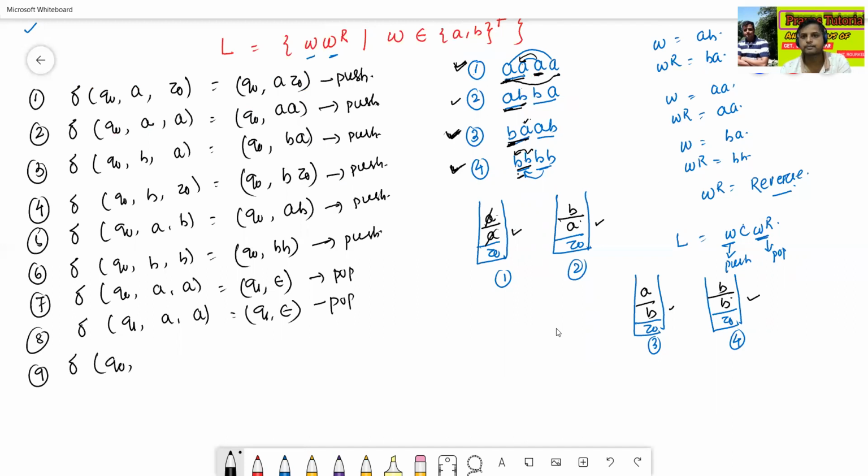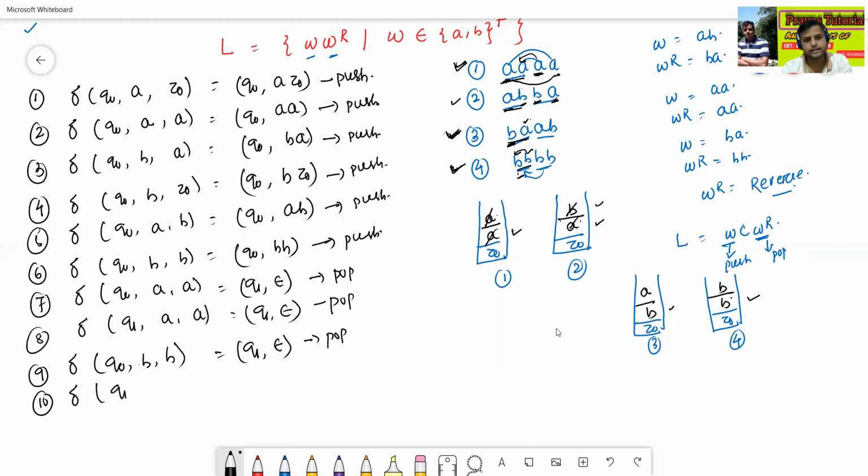Now, ninth one, delta(Q0, B, B): when it reads B and the top of the stack is B, B will pop B. Here I will change the state to Q1, epsilon. So this is the pop operation. When it reads B, B will pop B, and when it reads A, A will pop this A. So here I'll change the state and take a self loop.